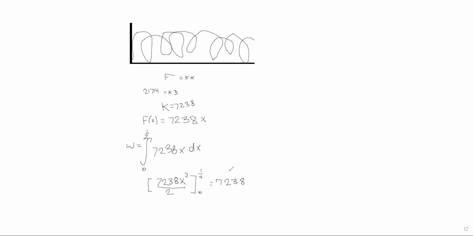So that's times 1/2 times 1/4, which is the same thing as times 1/8. So 7,238 divided by 8 is 904.75. And then if we plug in 0, the whole thing just becomes 0. So the total work it takes to compress the spring down by 1/2 inch is 904.75 joules.